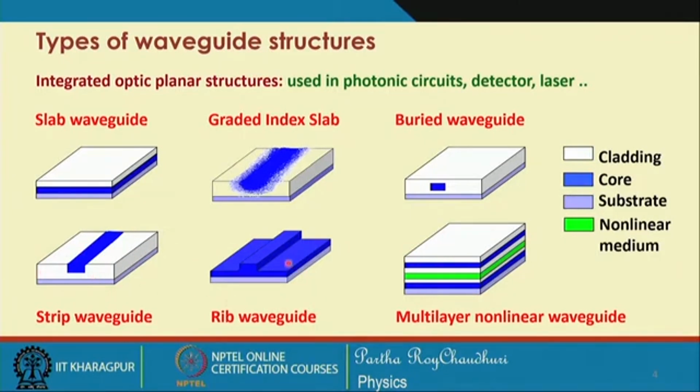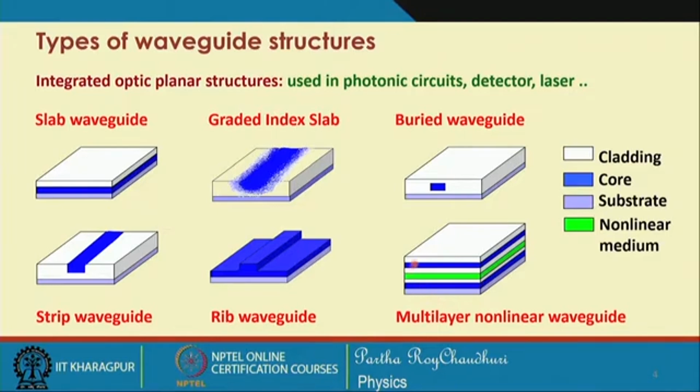Then you have the rib waveguide, an elevated structure which is surrounded by two symmetrical waveguide structures on either side. And then you have very useful and very interesting optical waveguides, multilayer nonlinear structures, which are very common in optoelectronic devices, gallium arsenide, gallium indium phosphide.